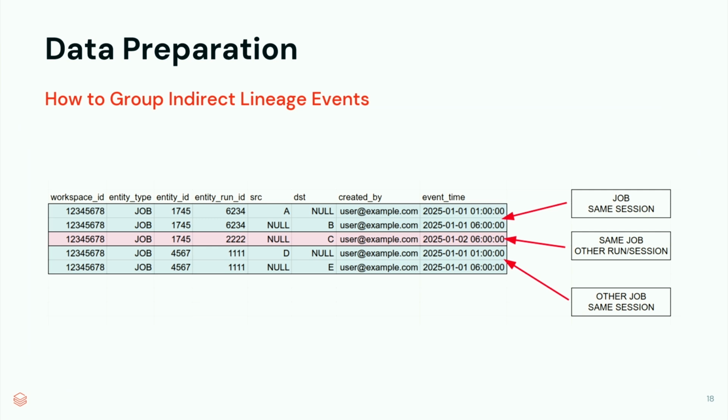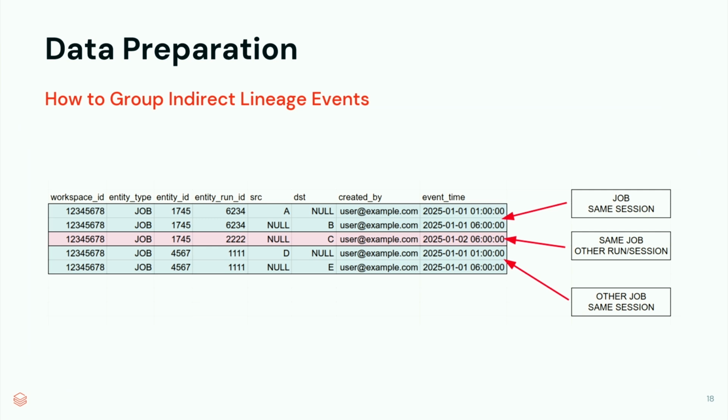The third row is alone, so it's not useful for us to identify what is the origin, the source of this table C. And the last two rows are the same case as the first, but we have another entity ID, another run ID.